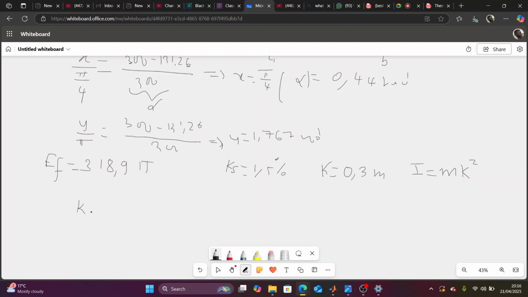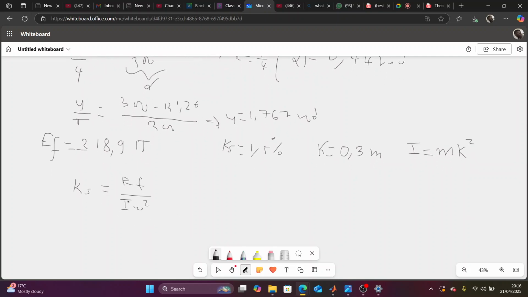Now we know that Ks is equal to EF over I W square. Do you see it? So if I'm asked to solve for the mass and I'm given radius of gyration, what do you think I should do? I can make I subject of the formula, right? Which will give EF over Ks multiplied by W square.